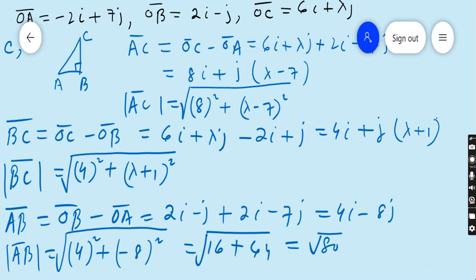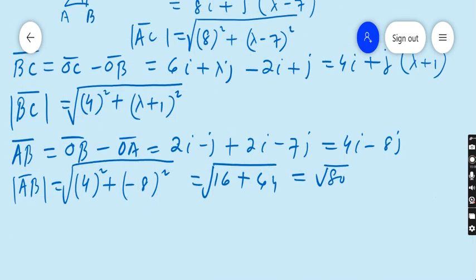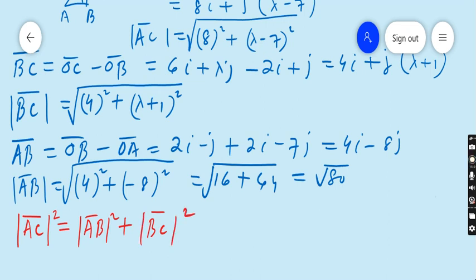Now this is a right angle triangle, so we have to apply a very well-known theorem for right angle triangles, that is Pythagoras theorem. What is Pythagoras theorem? Square of the hypotenuse is equal to the sum of the squares of the other two sides of a right angle triangle.